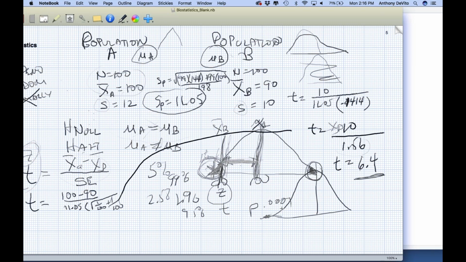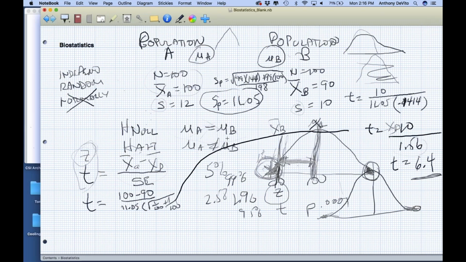You could double that, call it 0.002, to make it a two-tailed test, because we didn't say in the beginning whether population A was more than population B. We just said that they're equal or not equal. It's a two-sided test, so we're not prejudging. So we're 99.99% certain that the means of these two populations are different.